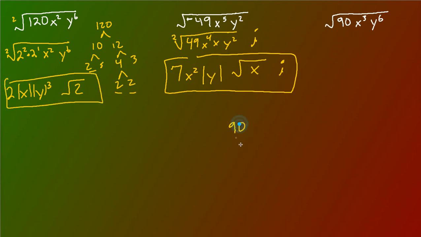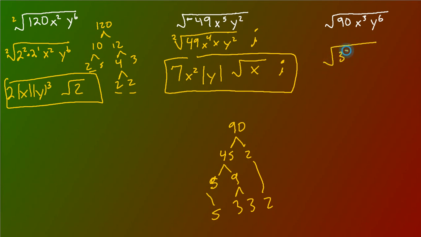Over here, 90. So I'm going to prime factorize that. 45 times 2. Maybe 5 and 9. And 3. So once I get all prime numbers, I'm done. So this is the square root of 3 squared times 2 times 5. I split this x cubed up, and the y to the 6th is fine.